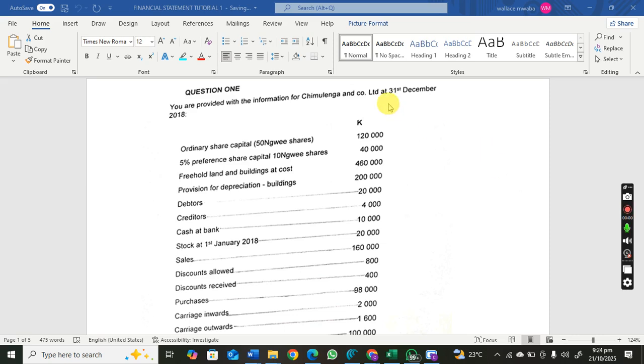All right, so you are provided with the information for Mulenga and Company Limited at 31st December 2018. Okay, so we've been given this information for this company.